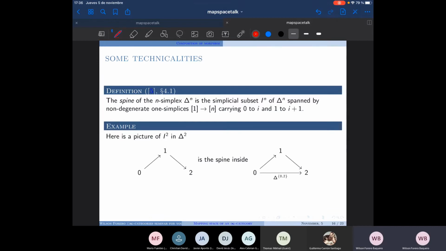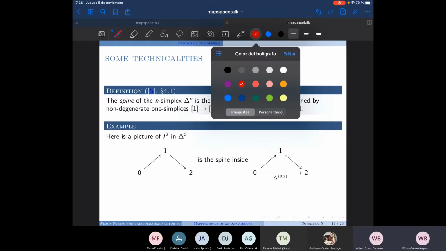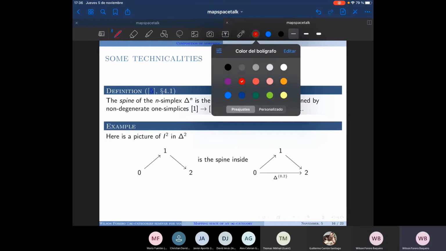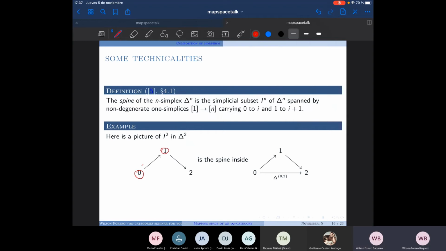In other words, for example, I^2 in delta 2 is just the simplicial set generated by 0 to 1 and 1 to 2. Okay, that is I^2.